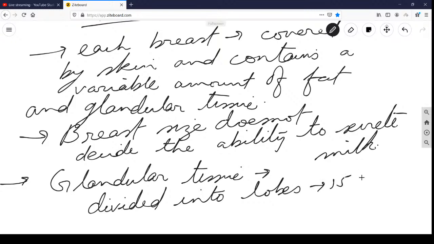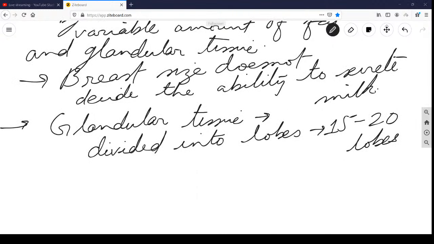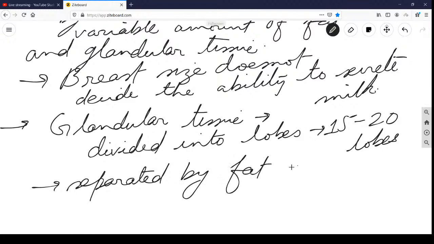How many? 15 to 20 lobes. And then they are separated by fat and ligamentous tissue.